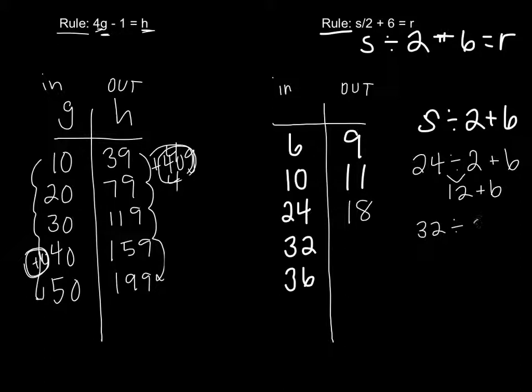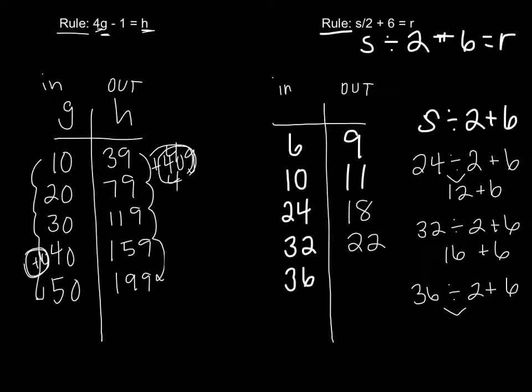Now 32 is my input. 32 divided by 2 is 16, and 16 plus 6 is going to be 22, and then 36 divided by 2 plus 6. 36 divided by 2 is 18.